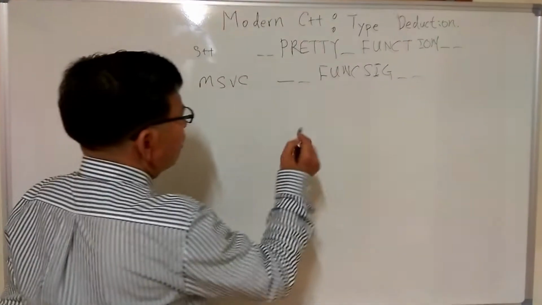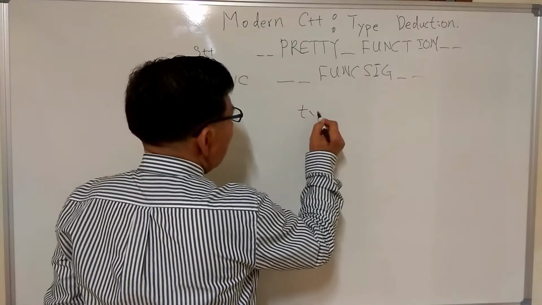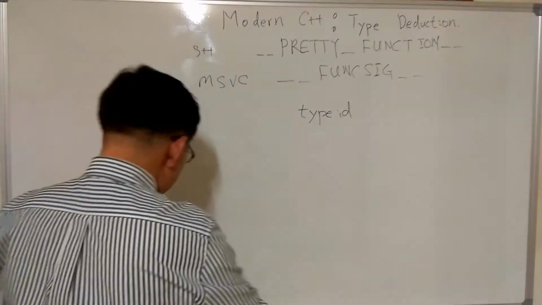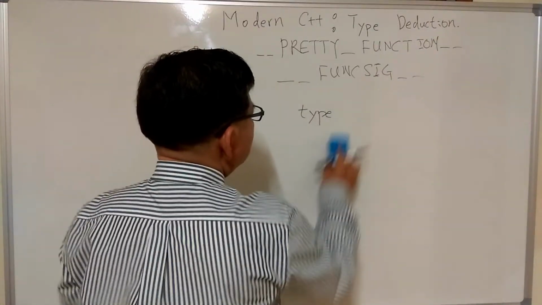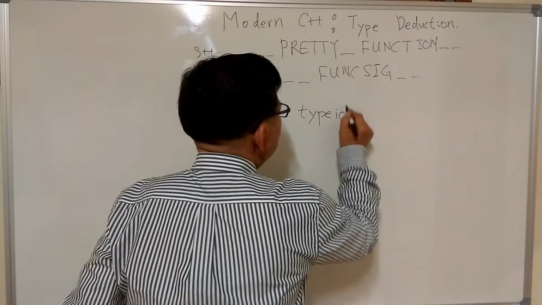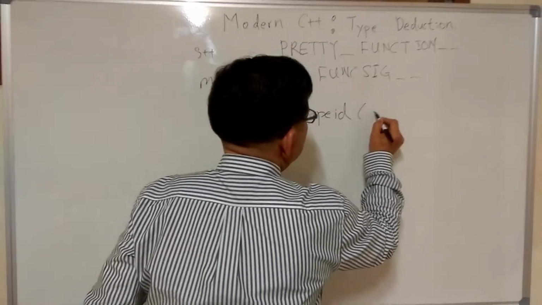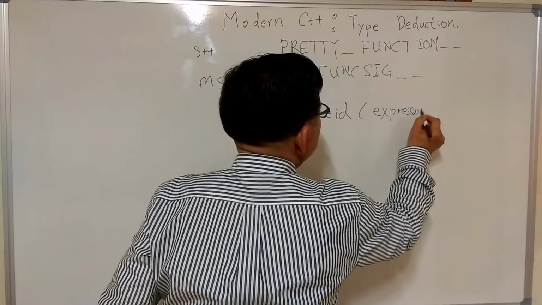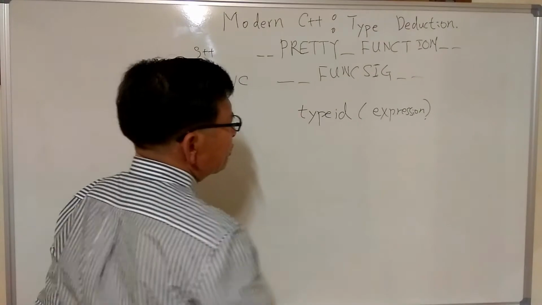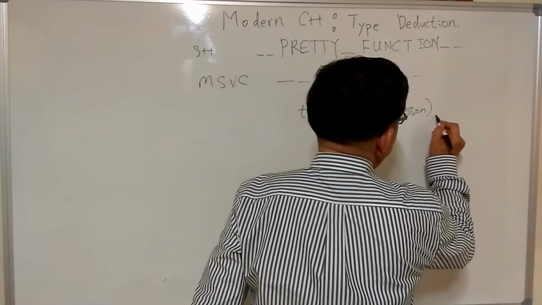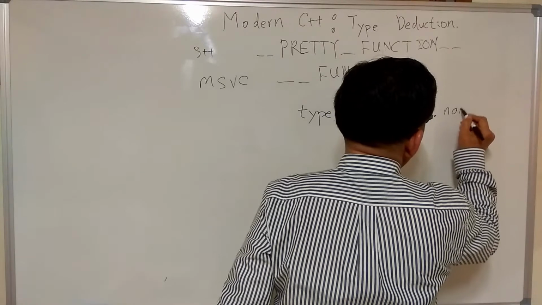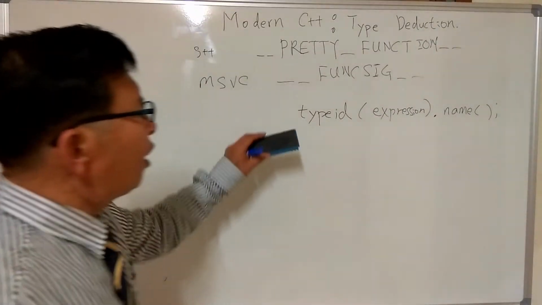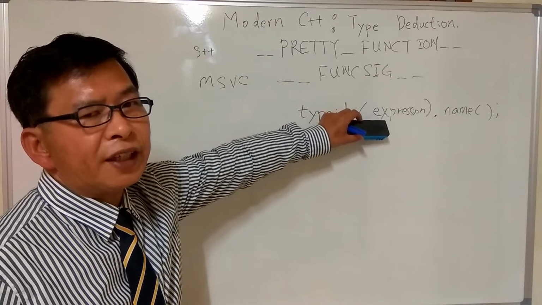Also we will use typeid. This is just a keyword, typeid and an expression. And if we put dot here, then name, it gives us the type name of the expression.